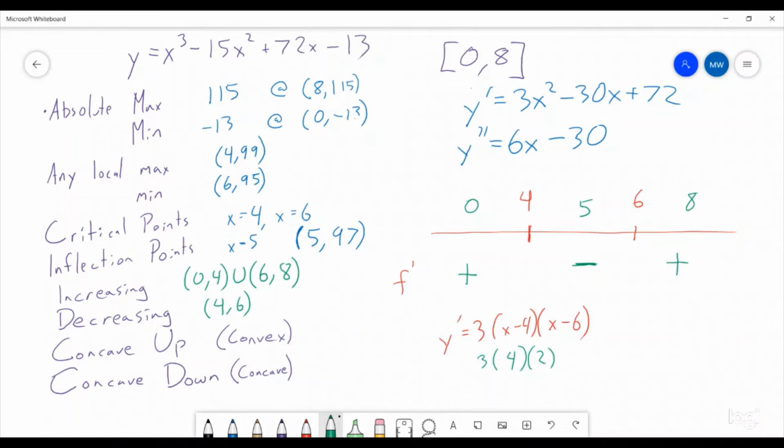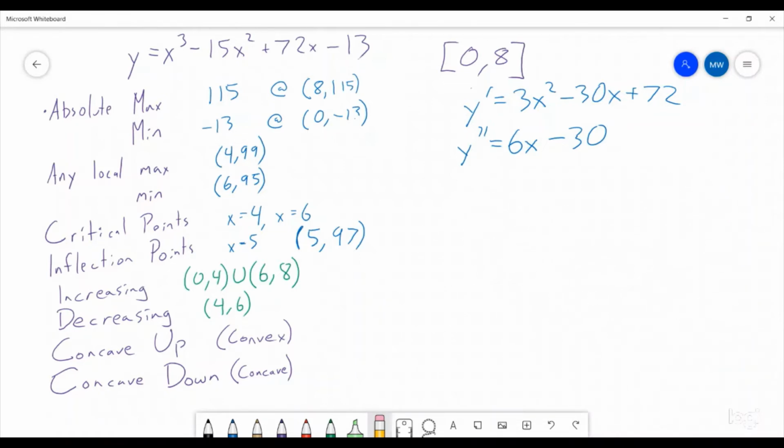Now, when we're asked to find where is it concave up and where is it concave down, we do a very similar thing to what we just did, except instead of looking at the critical points, we're going to be looking at our point of inflection, which is happening here at x equals 5. So now we're going to look at the second derivative, but we're going to be plugging in numbers bigger and smaller than 5.